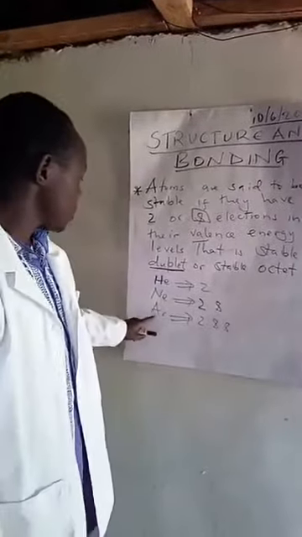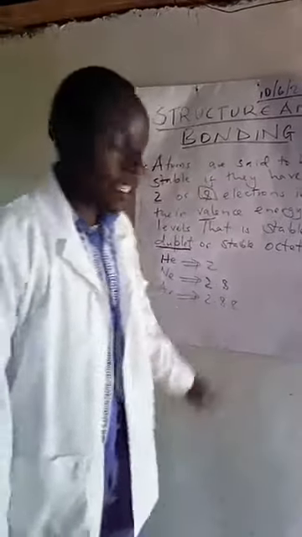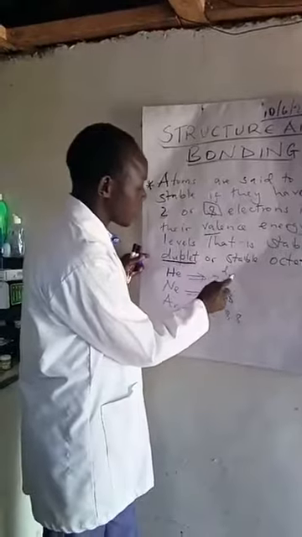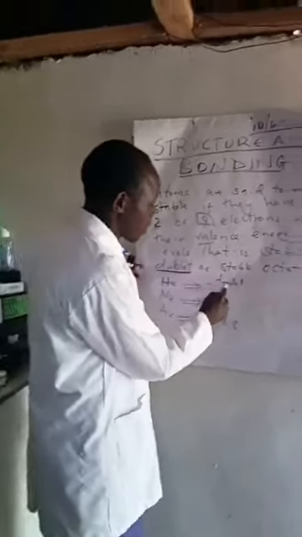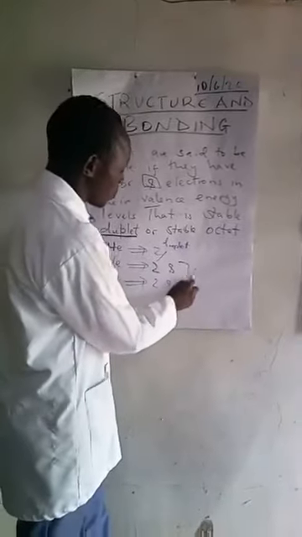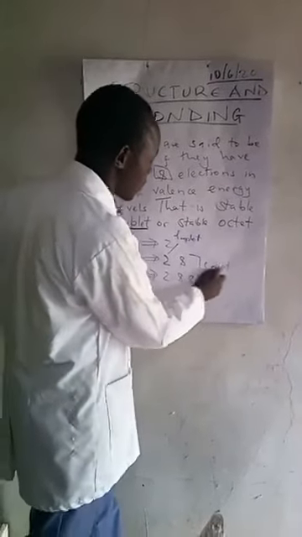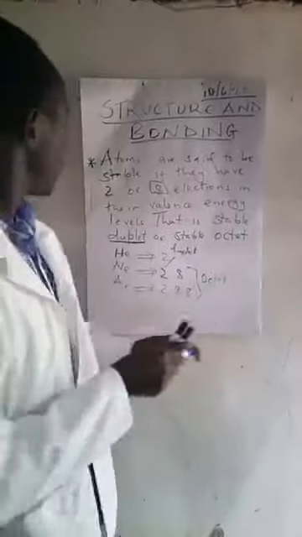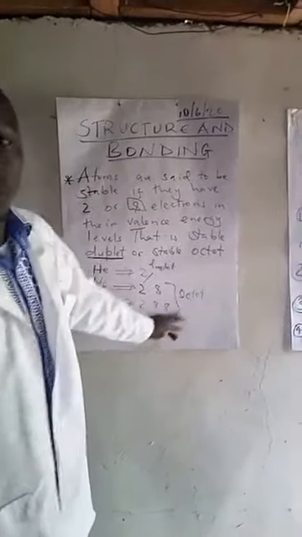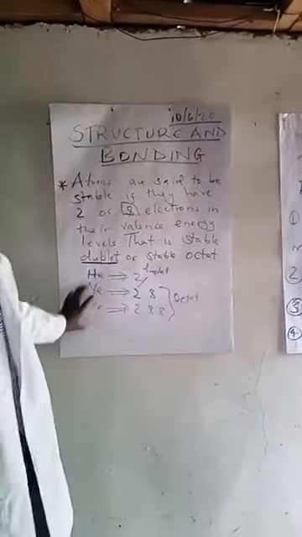The outermost energy level for argon has 8 electrons. So this is referred to as a stable duplet, and this one is referred to as an octet. Stability of 2 is called duplet. Stability of 8 is called octet. So these are group 8 elements.